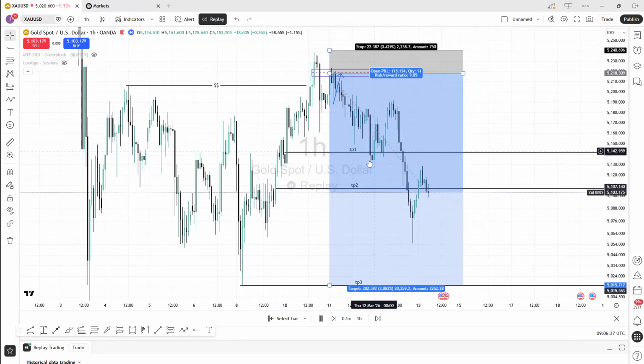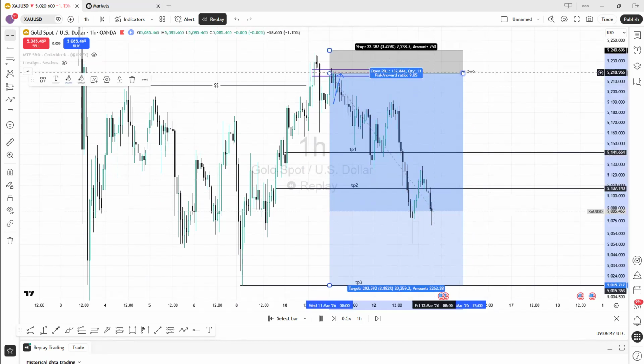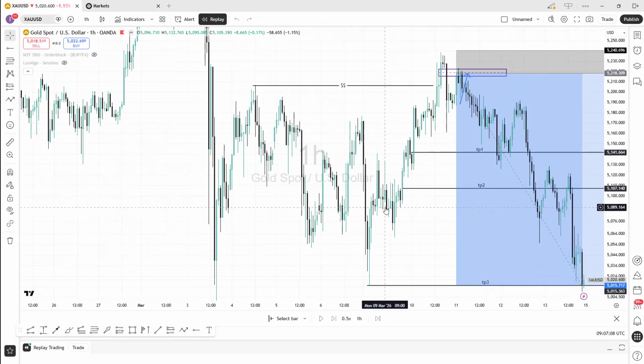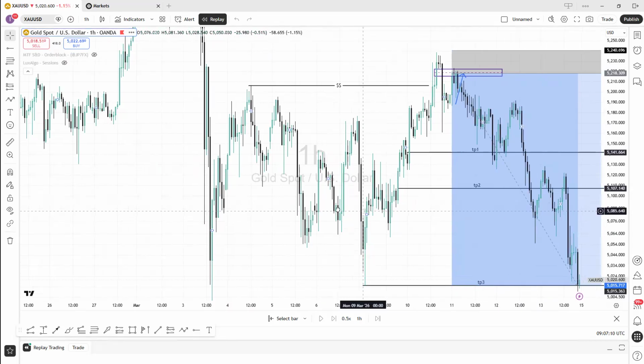You see, price created that pullback after TP number two, and we're supposed to hold this price. That is Friday's price movement last week, and you can see price succeeded in reaching our TP area like that. You see?